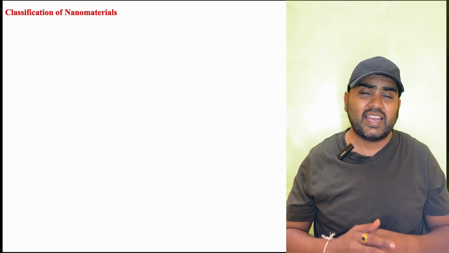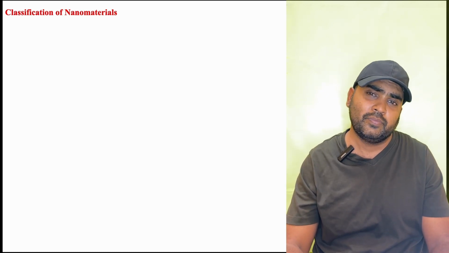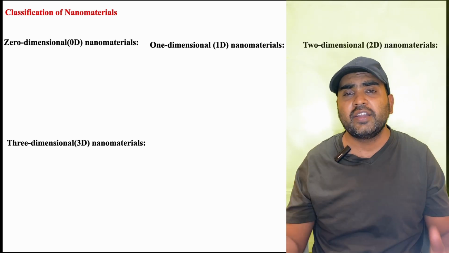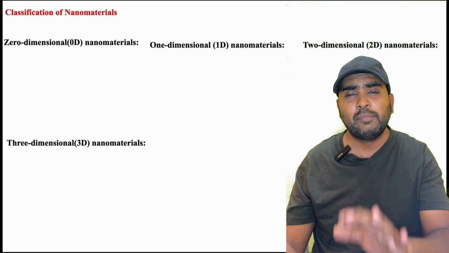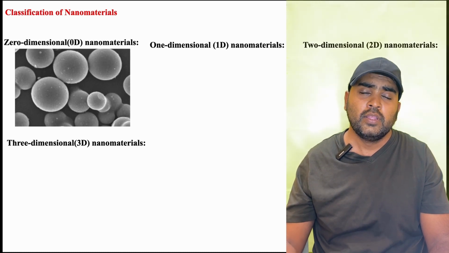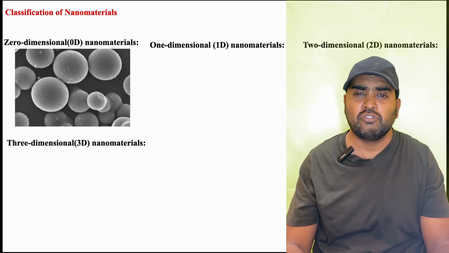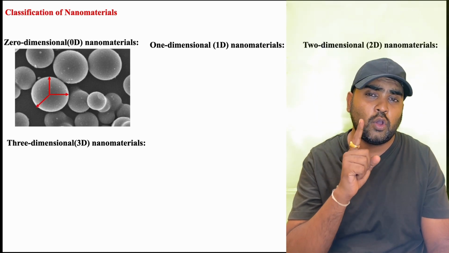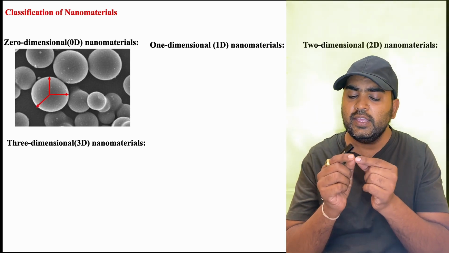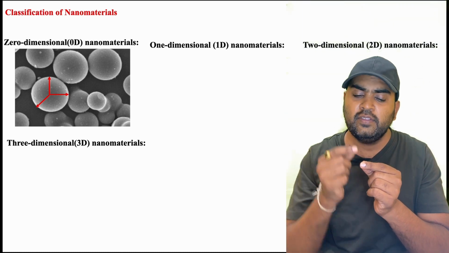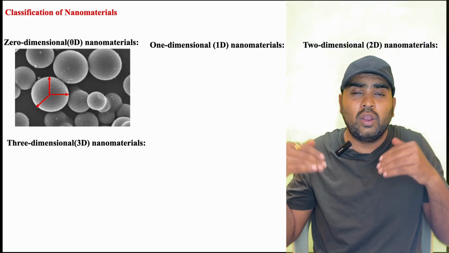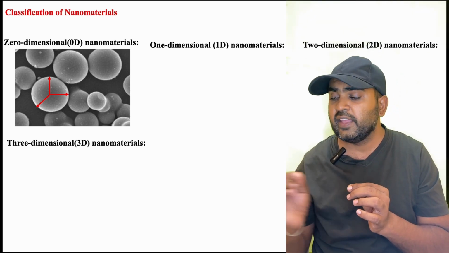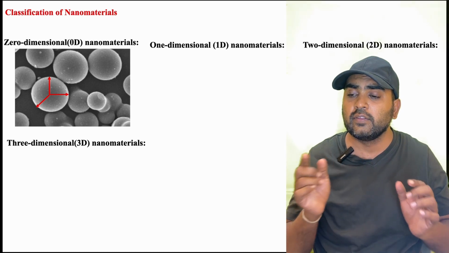Let us see the classification of nanomaterial. In this classification of nanomaterial, starting with zero-dimensional nanomaterial. See, when you see in this image, we have so many molecules. Try to concentrate on one. As you can see, x-axis, y-axis and z-axis, we all live in the three-dimensional space, and that's why we name it x-axis, y-axis and z-axis.